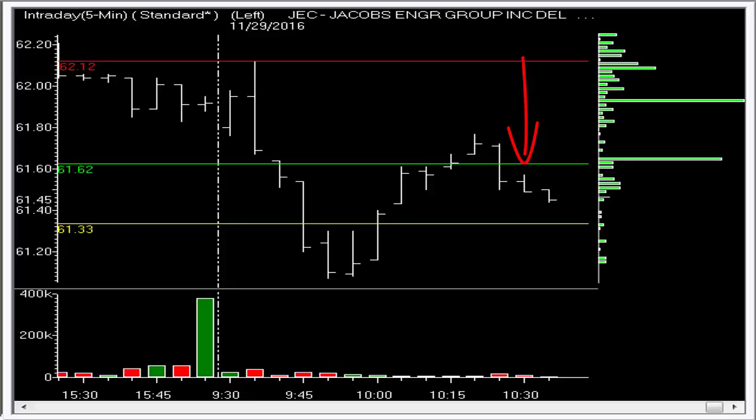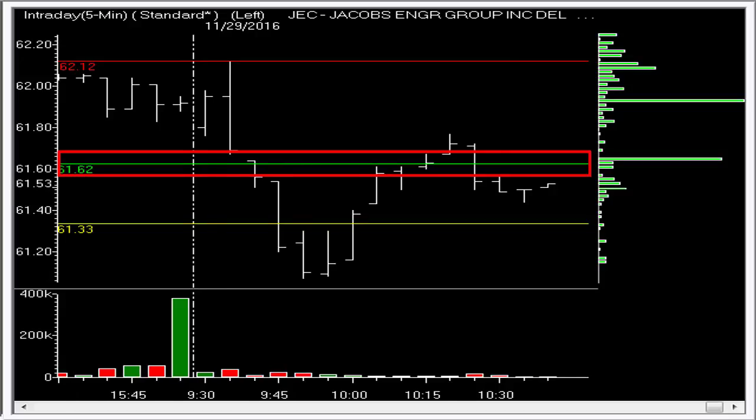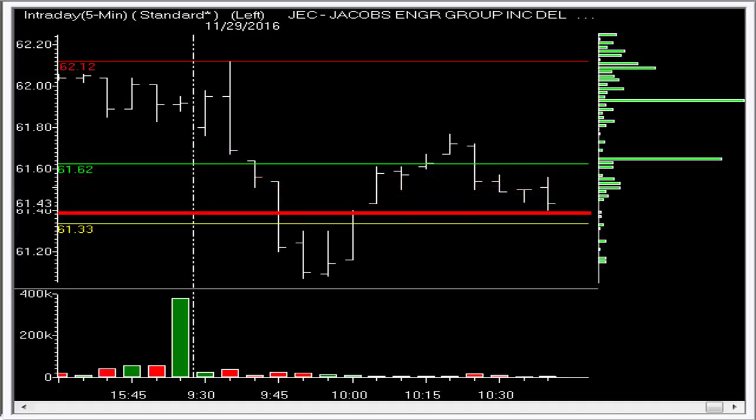Once we get that move from an overhead level back down through the pivot line, that crack of the pivot is the entry point. And the target is going to be not down exactly at that next pivot, but rather just above it. I'm going to use this closing price of this bar as my target.